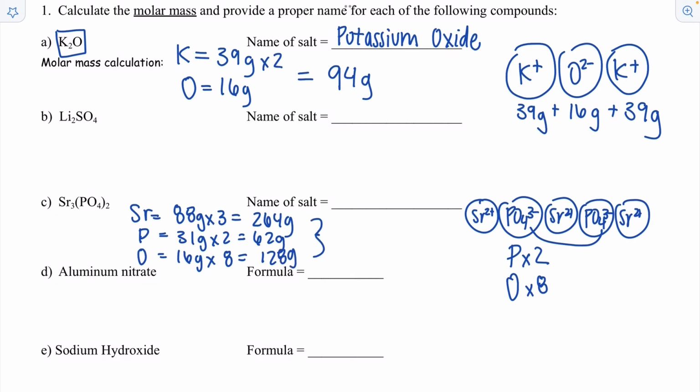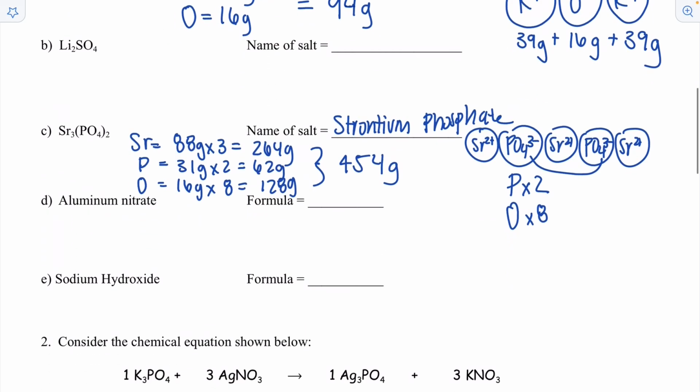If we add them all together, we get 454 grams. This is strontium phosphate. All right, try and see what you can do on your own.